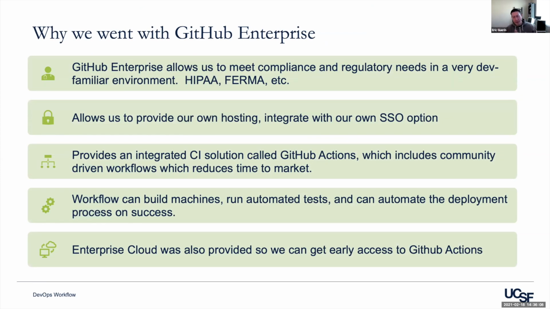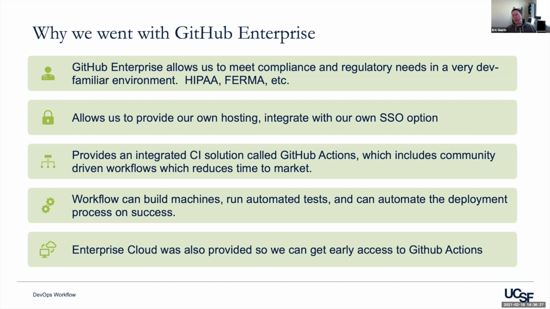There are a lot of other developers at UCSF, and those developers do not necessarily work on Drupal. They may be Rails developers or Python developers. So we needed a really flexible environment.